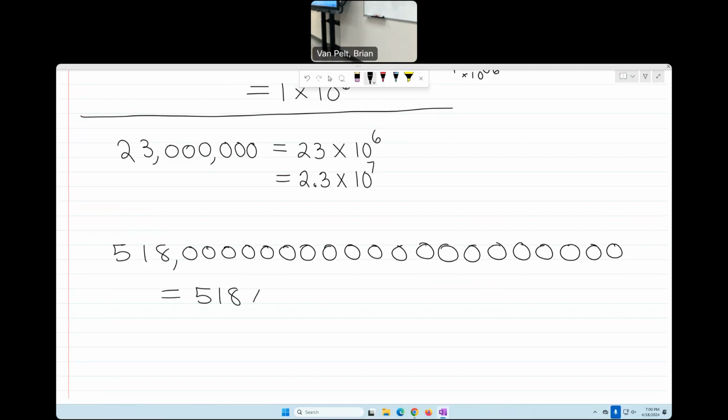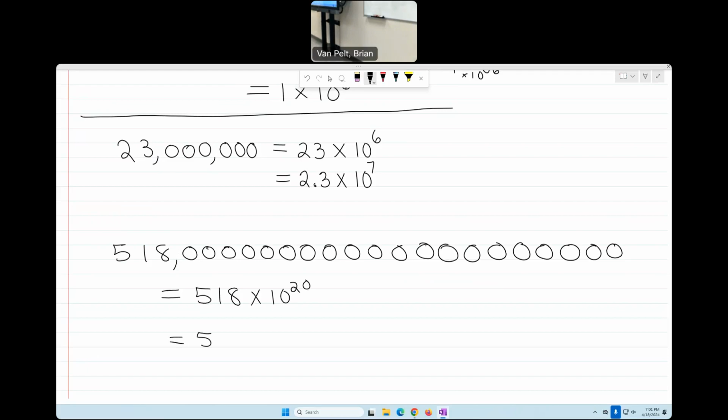You can actually have your calculator do this, can't you? Yep. 5.18 times 10 to the 22nd. So 10 to the 20th power, and my calculator tells me that too. Do you see what it did, where it put the decimal? You're only allowed one digit and then a decimal.